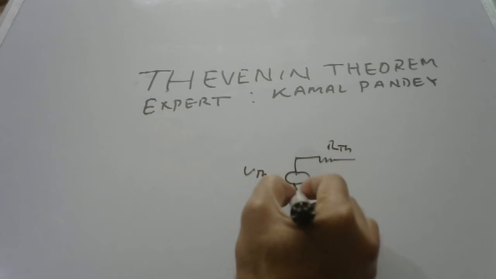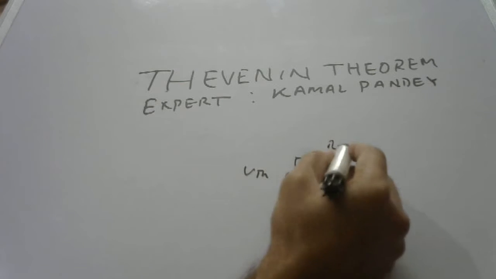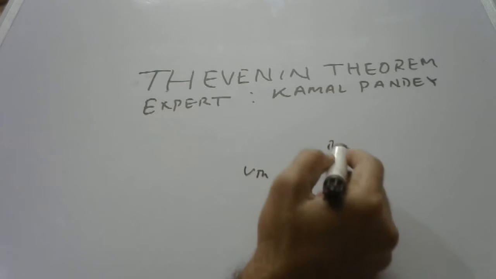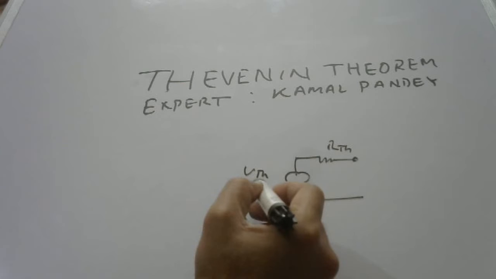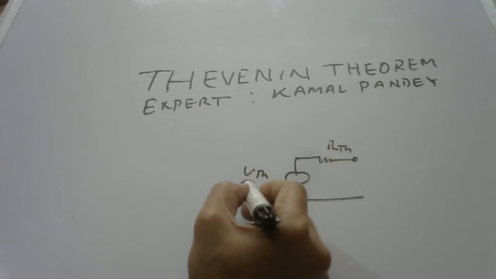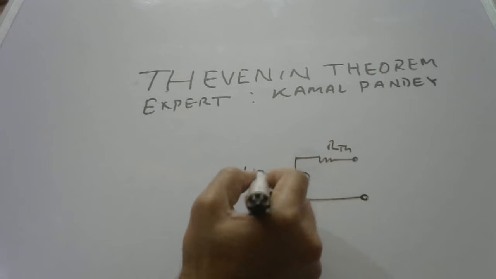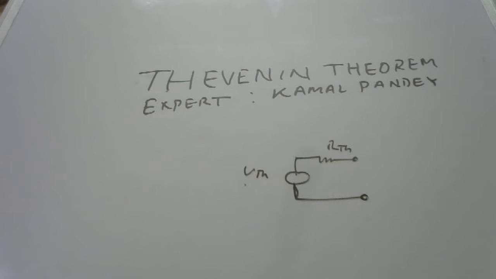We replace the whole resistance by RTH and the whole voltage source by VTH. VTH is called open circuit voltage. RTH is called the Thevenin resistance as viewed from the load.